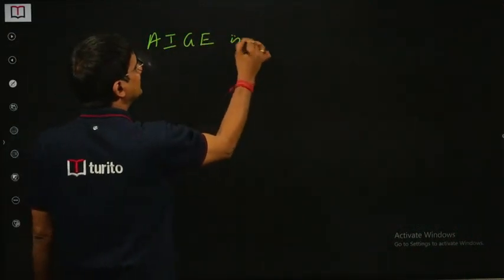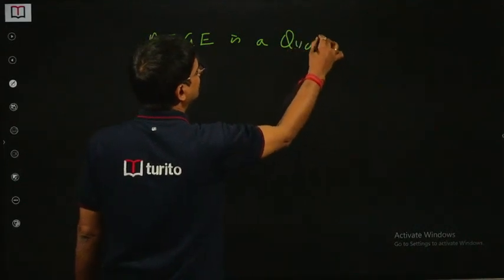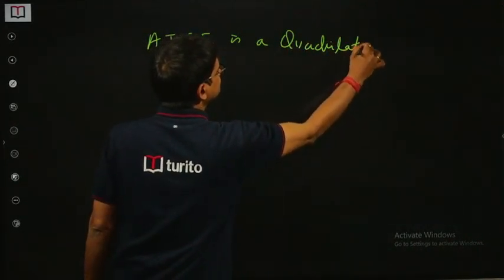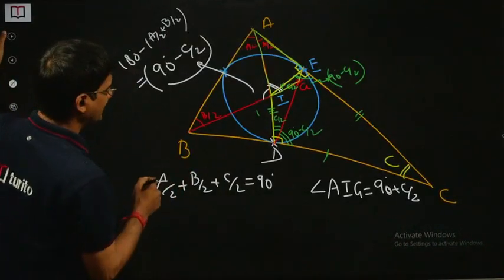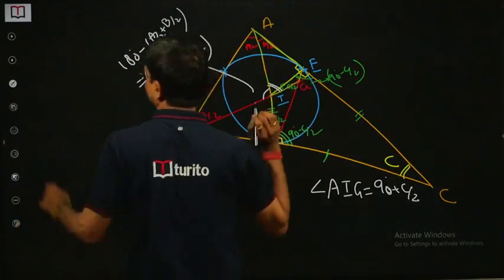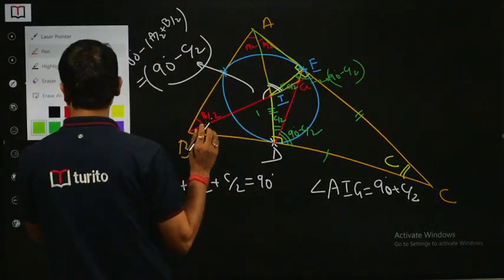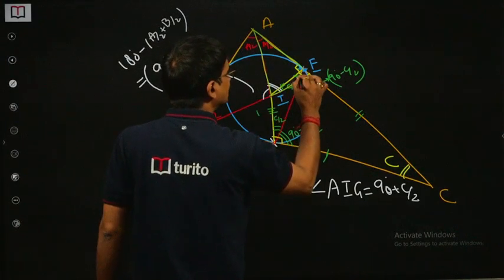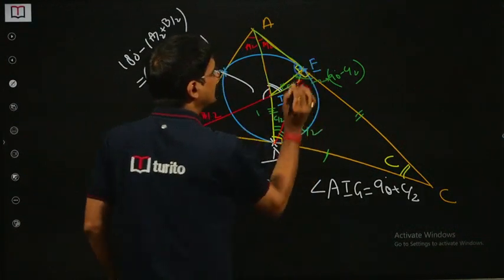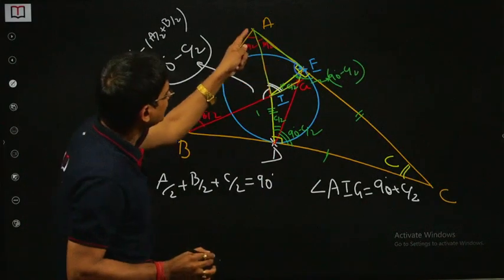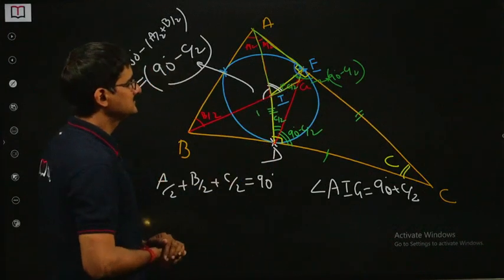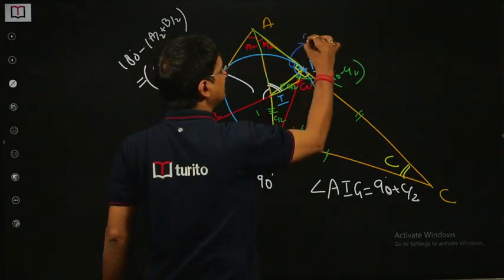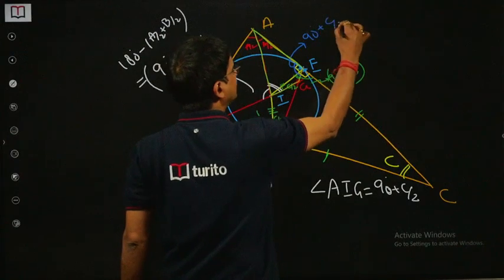AIGE is a quadrilateral, of course. In it, look at angle I plus angle E. Now look at this angle, which was 90. Angle AEI and angle IEG is C by 2, so this angle is 90 plus C by 2.